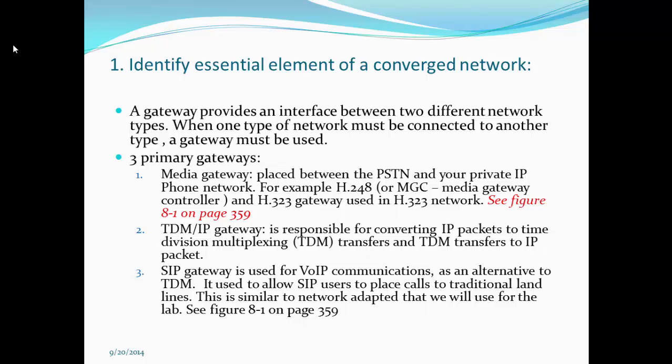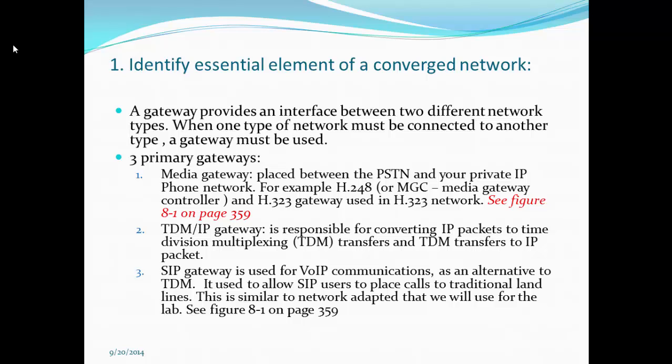Okay, essential elements of a converged network. First of all, we're going to talk about gateways. A gateway provides an interface between two different network types. When one type of network must be connected to another type, a gateway must be used. There are three primary gateways.